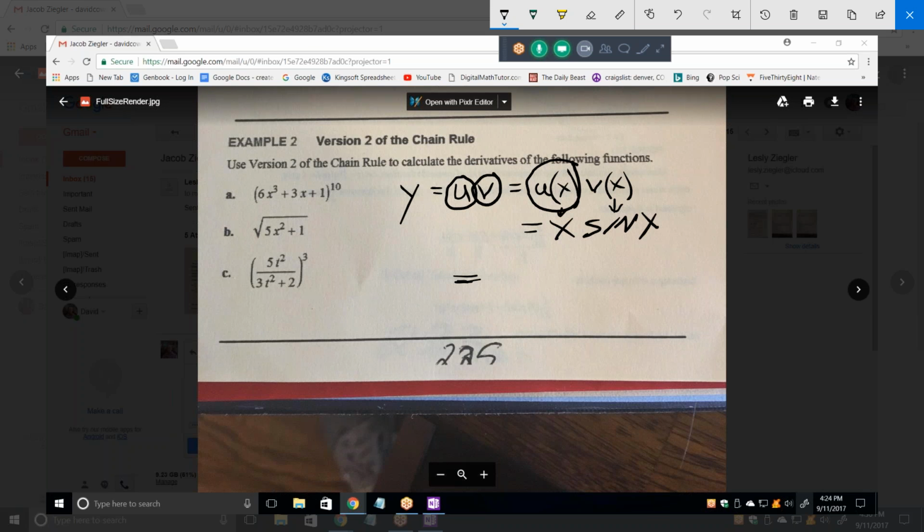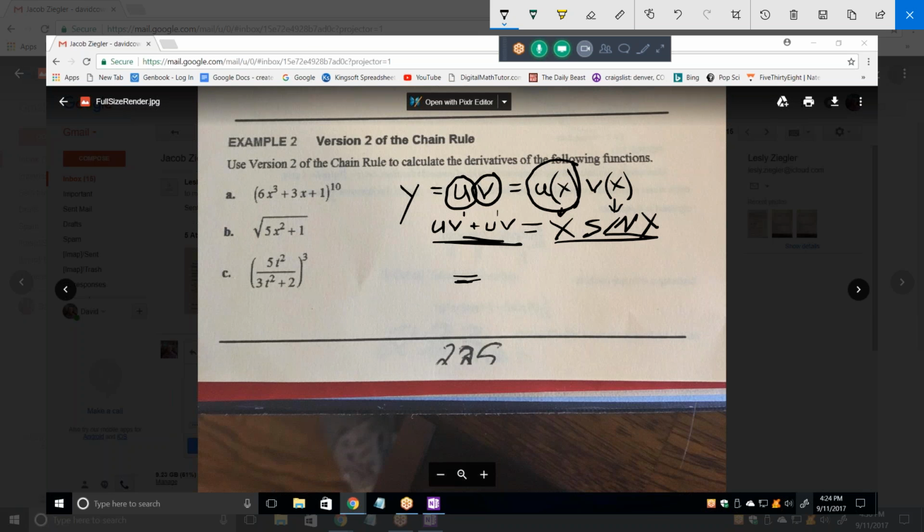In other words, always do U times V prime plus U prime times V. You could switch them up, but that'll just make it confusing and harder to memorize. So let's always use this.